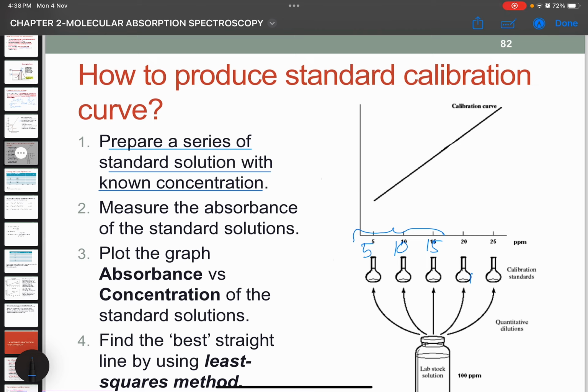Then we measure the absorbance of the standard solutions. Once we get the absorbance values, we plot a graph of absorbance versus concentration. Okay, absorbance versus concentration. ppm is also a concentration unit.